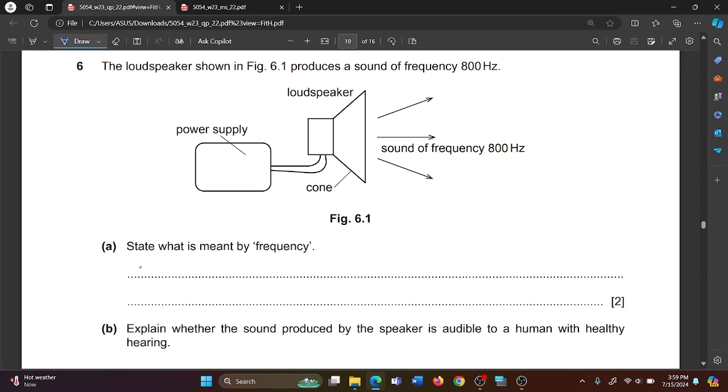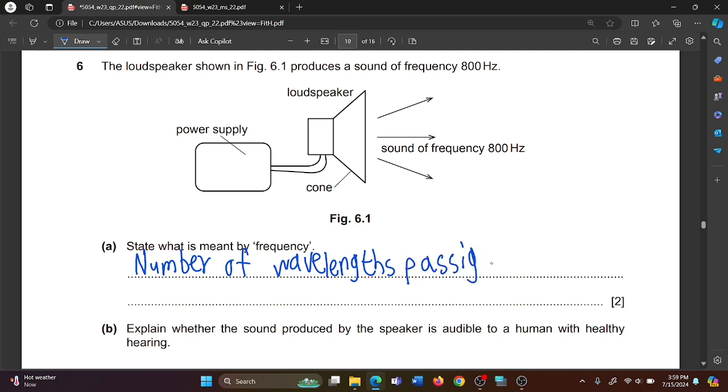So we write the book definition from the book, that is the number of wavelengths passing a point per unit time. This is the definition from the book.